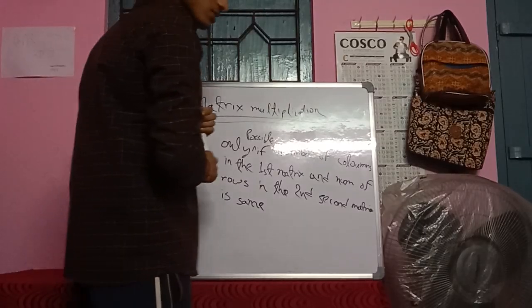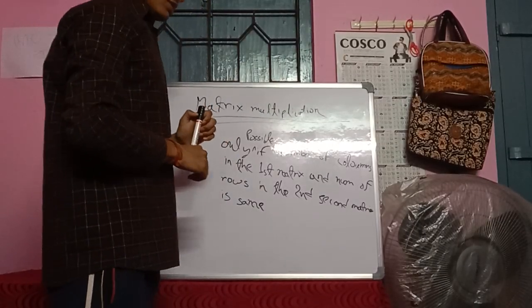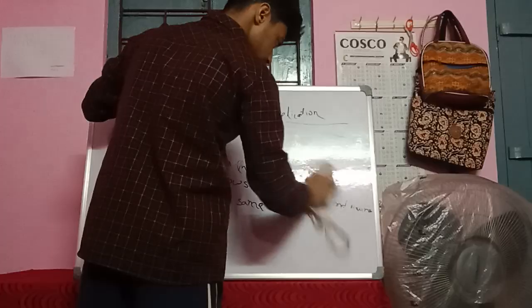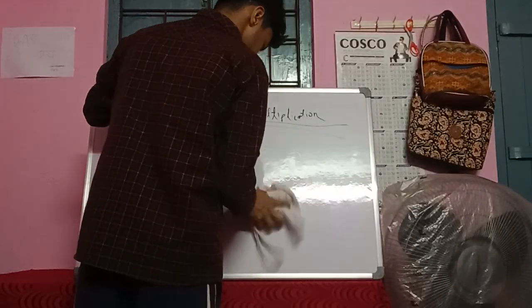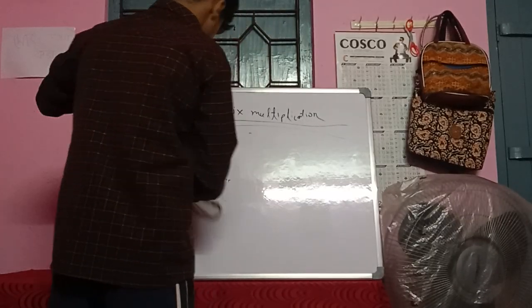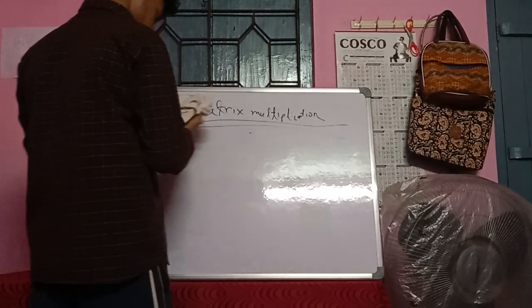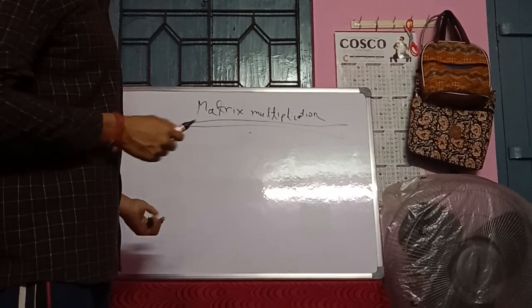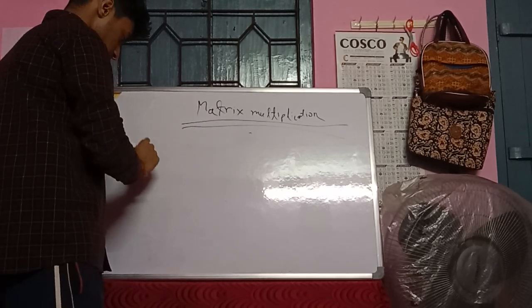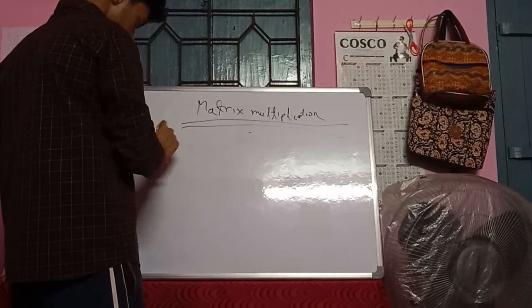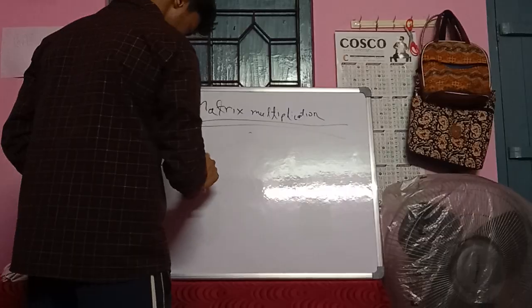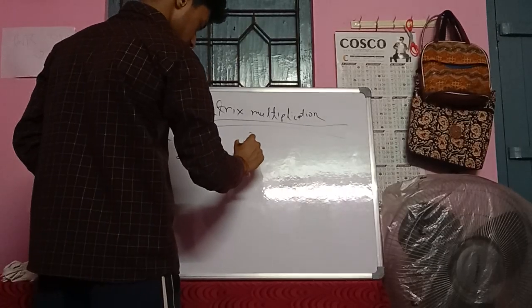Okay, so wait a minute. Let's say we have a matrix here of 2 by 2 order, and another matrix here.